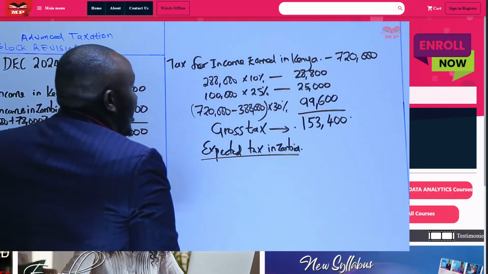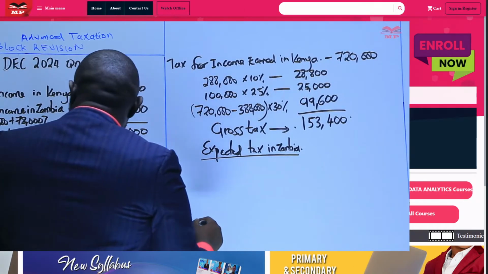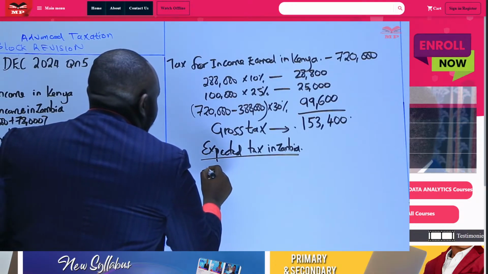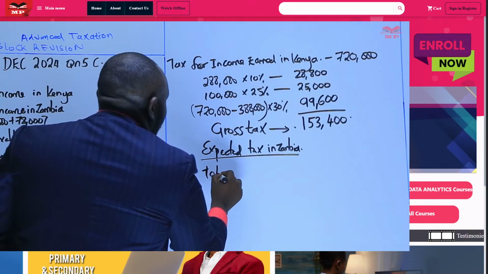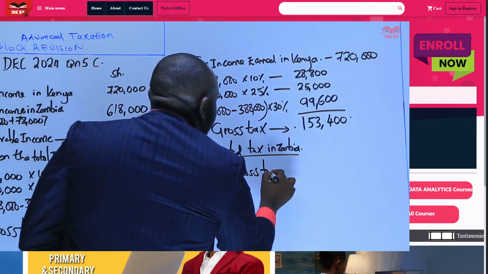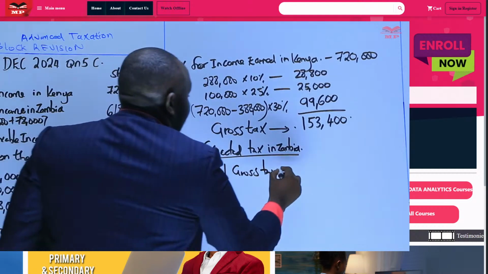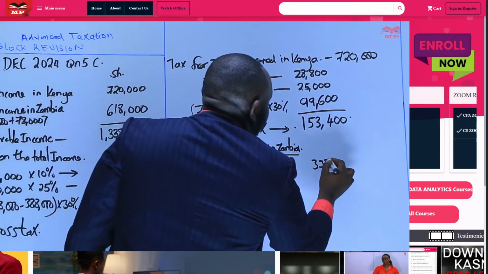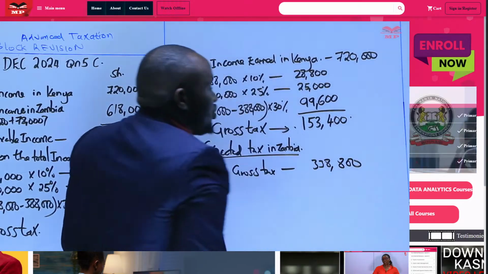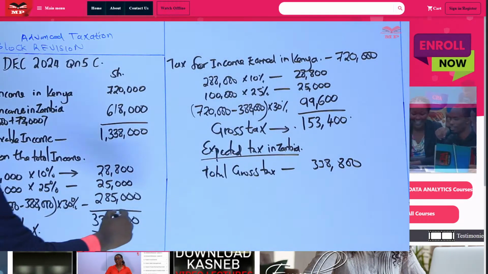So we have expected total gross tax. We had a figure of 338,800. Total is 338,800, that is for the total income.